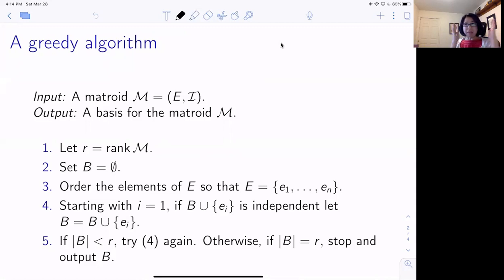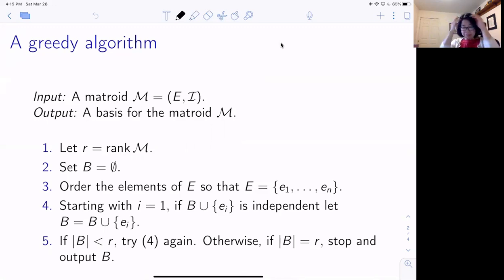And then the way the algorithm proceeds is really simple. It sets B to be the empty set at the beginning. And you just need an arbitrary ordering on the elements of E, the ground set. And then starting with the first element in the ground set, ask the question, is the set B union e_i independent? If it is, then update the set B by inserting e_i into it.